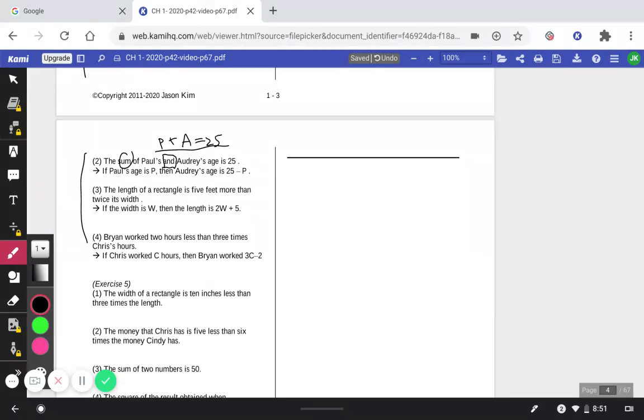Or if you want to write only one expression, and the total is 25, many times we use P for one, and if you're asking for Audrey, then Audrey is total minus P. That's how you usually write it down in case they want to express with only one letter, like A, Audrey's age.